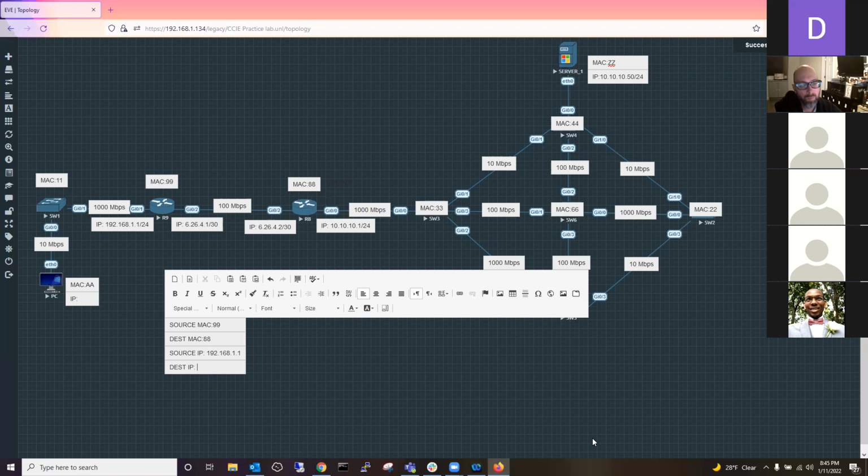But let's dig deeper, me and you being engineers. If that's the case, is R8 the DHCP server? No. Excellent. So if we send that and the destination IP address is R8, that packet is just going to do what? It's going to get dropped.